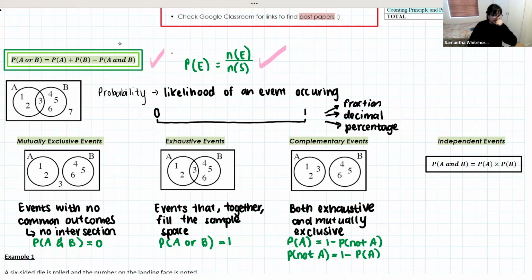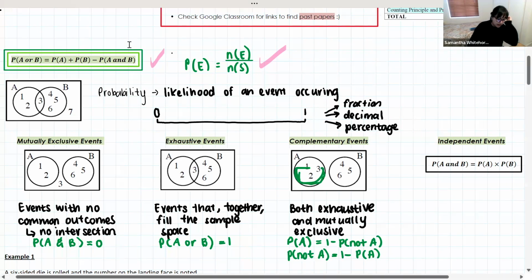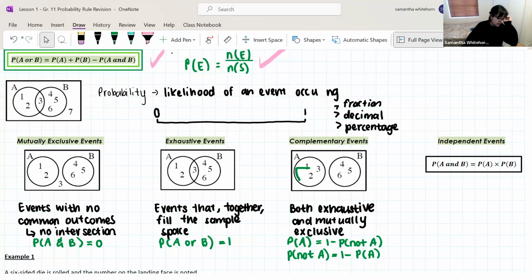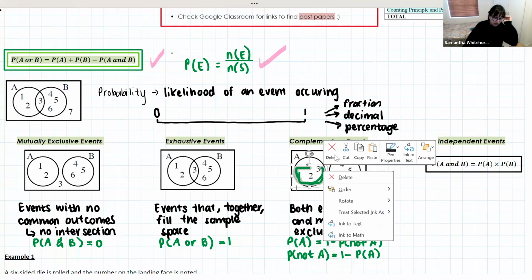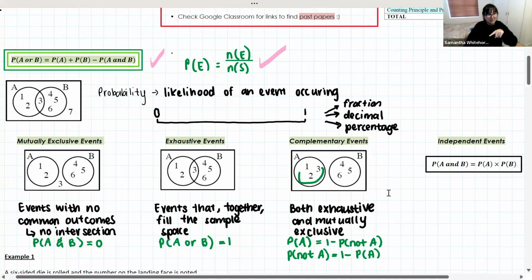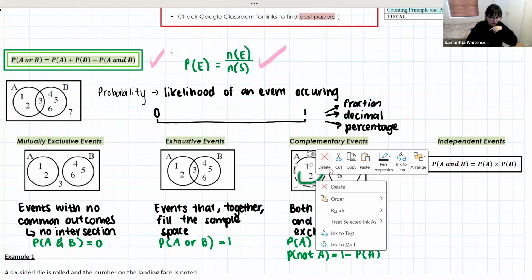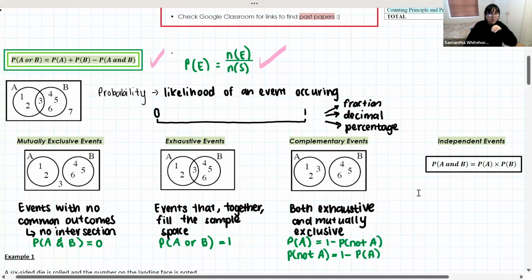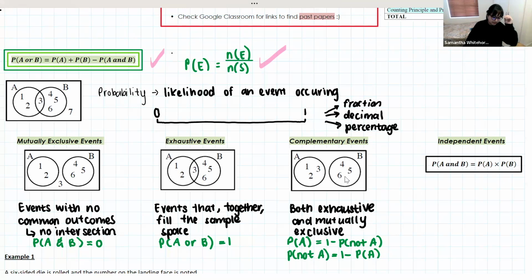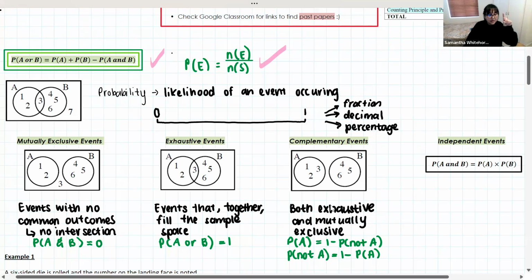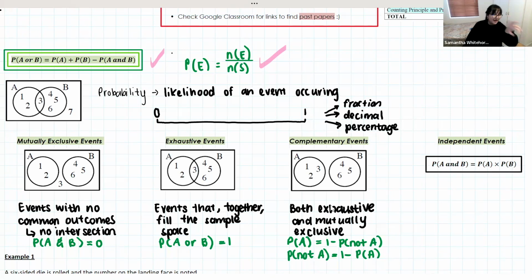Now, what this means is, if we wanted the probability of A in this Venn diagram, so the probability of that one circle, because of the fact that this event is exhaustive, if it's not going to be in A, it has to be in B. And because all of the events will either be in A or B, if we just subtract the outcomes we know are not in A, we are left with the probability of A. So complementary events, if you want the probability of an event, you basically just subtract the probability of everything outside that event.